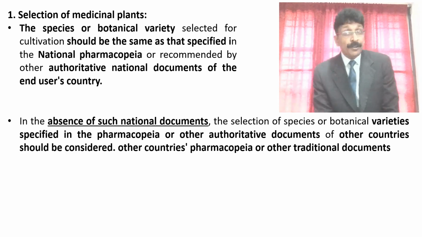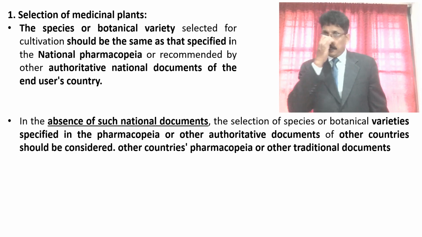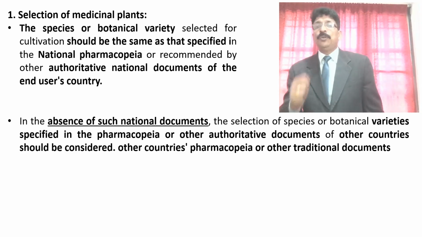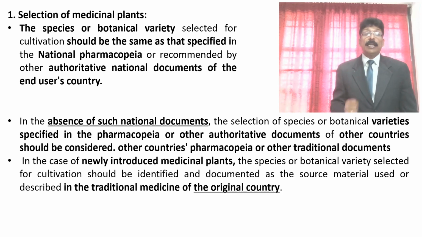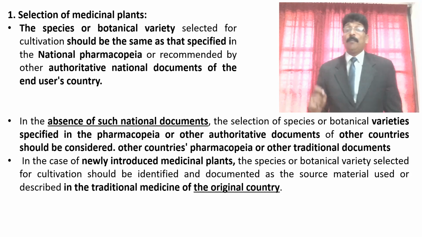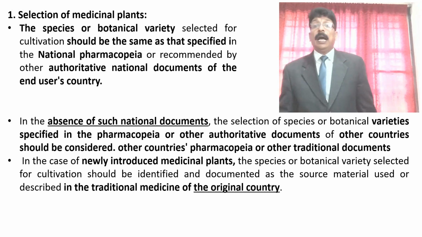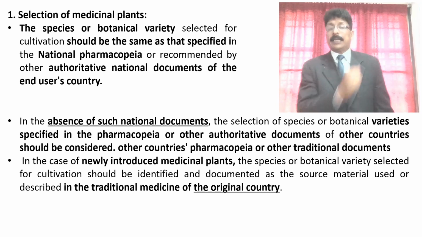So if it is not there, then you have to go for other authoritative or traditional documents of other countries. Other countries' pharmacopoeias or other traditional documents can also be used for the selection of medicinal plants for your cultivation process. In the case of a newly introduced medicinal plant, the species or botanical variety selected for cultivation should be identified and documented as the source material described in the traditional medicine of the original country from where you have taken the sample.